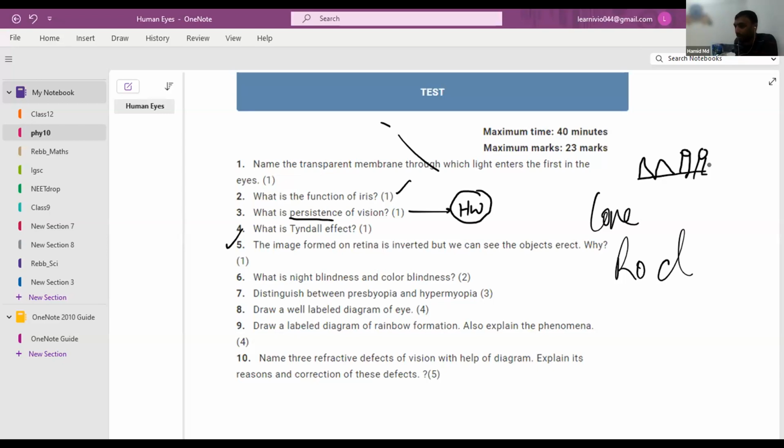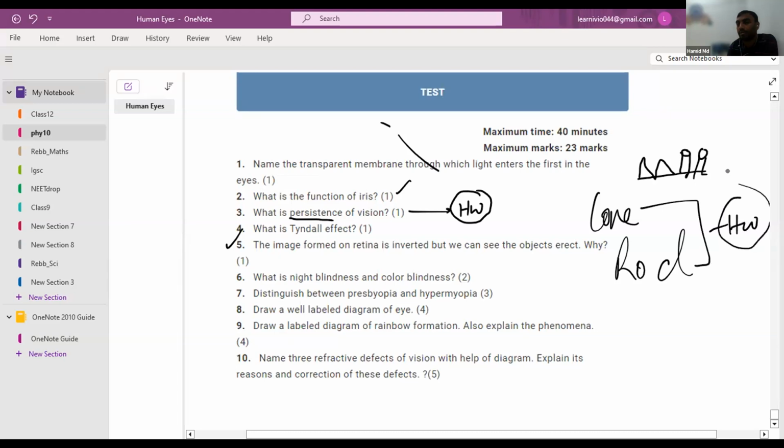NCERT has deleted a lot of things. So cone is responsible for the color, and color vision comes from cones, and rod is responsible for some more things. I don't remember. So if you have time, search for cone and rod. What do cone and rod do? Clear? Who will answer question number 6?